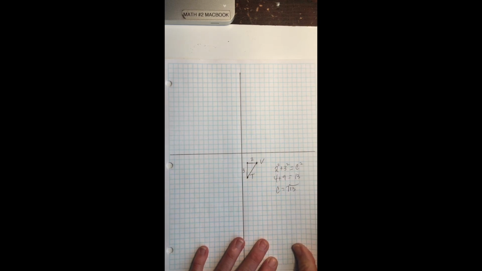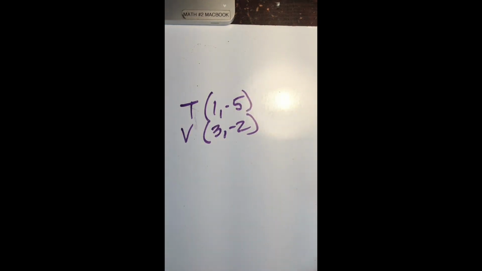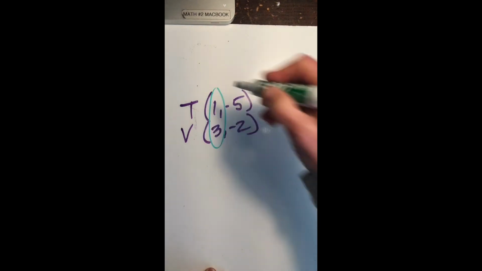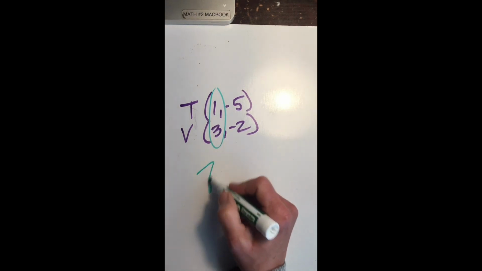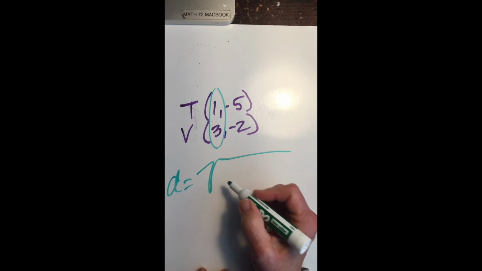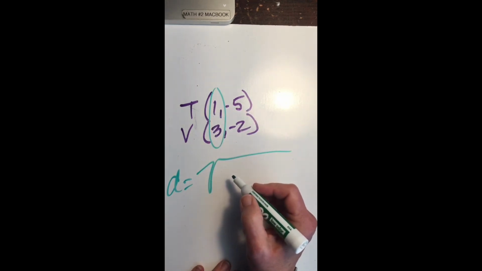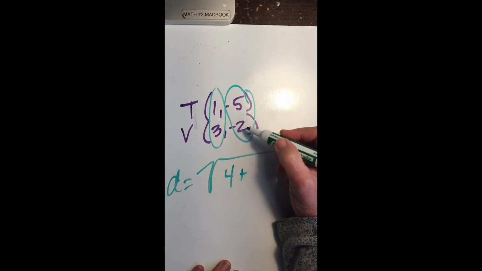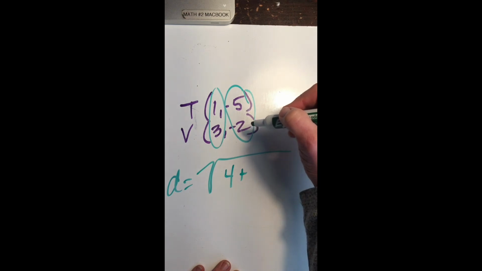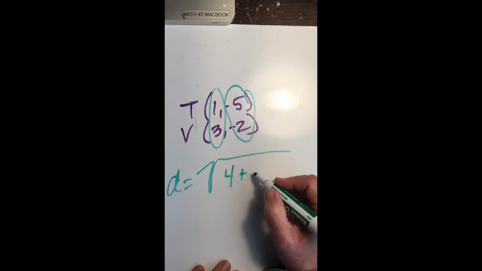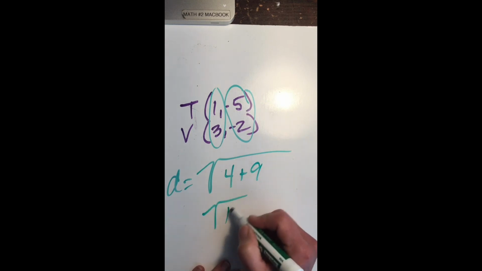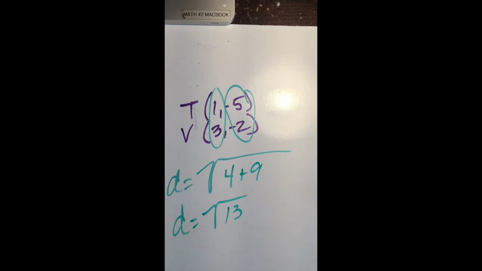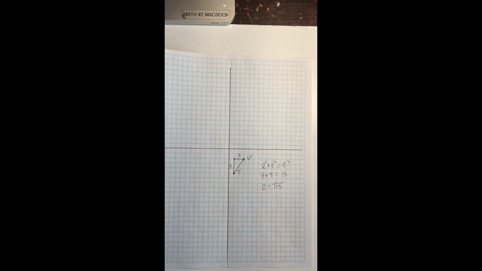Now, if we go back to the formula using these 2 ordered pairs, we would take the difference in the x's, and so I'm just going to do this. 1 minus 3, so I'm going to take the square root of this to get the distance. 1 minus 3 is -2 squared gives us 4, and then -5 minus -2 would be -5 plus 2, which would be -3 squared gives us 9, square root of 13. Same thing. Right, just taking a formula approach versus a drawing and understanding of the Pythagorean theorem approach.